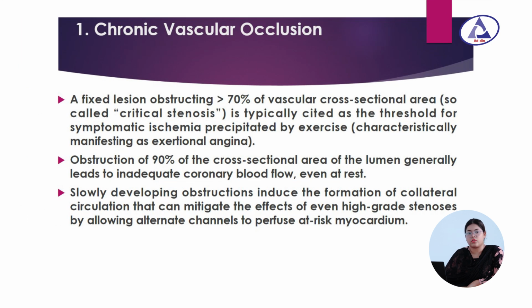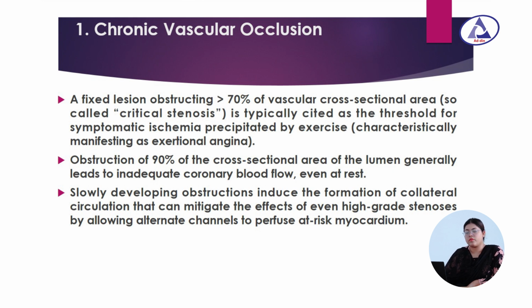What is chronic vascular occlusion? A fixed lesion obstructing more than 70% of vascular cross-sectional area is typically cited as the threshold for symptomatic ischemia precipitated by exercise. That means it will occur when the patient does any kind of exercise.